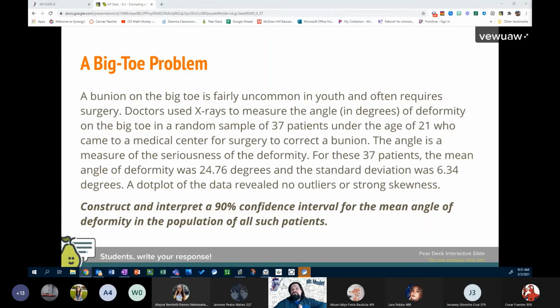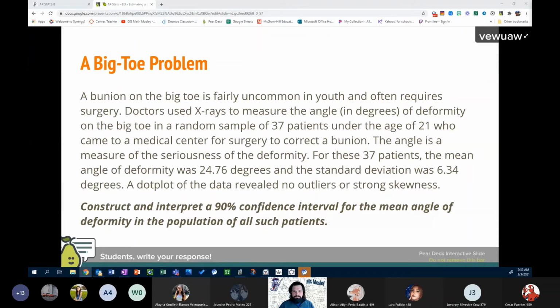I see some people still putting in some solutions here. Remember, we're finding an interval of values, so you should have a lower value and an upper value that create your interval. It is common to list the smaller value first in an interval. So you have the lower one first, upper one second. And that creates your range of plausible values.